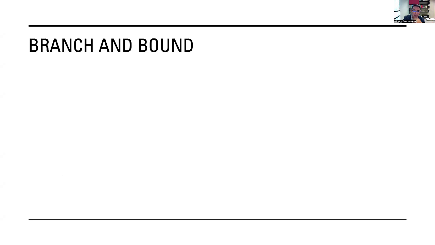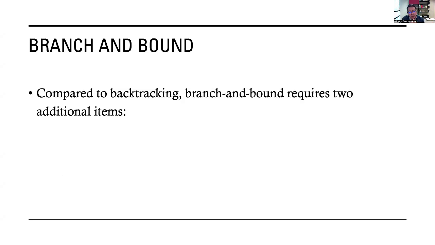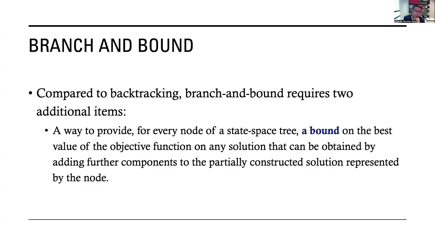So, moving forward, branch and bound is sometimes compared with backtracking, another technique that we study. But in this case, we will require two additional items in order to work.